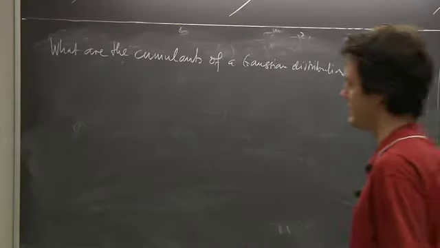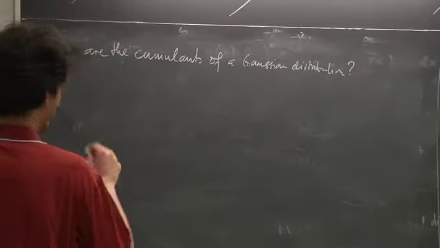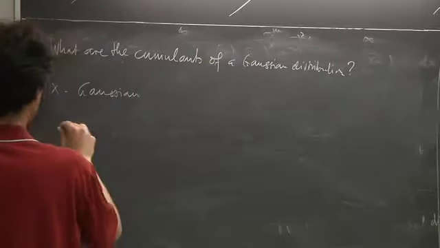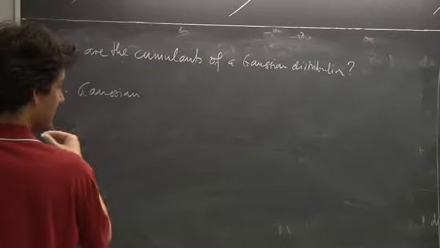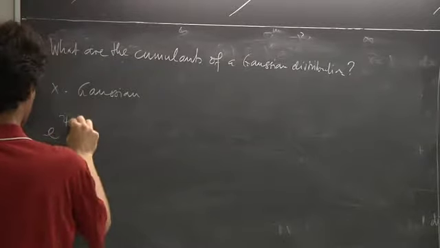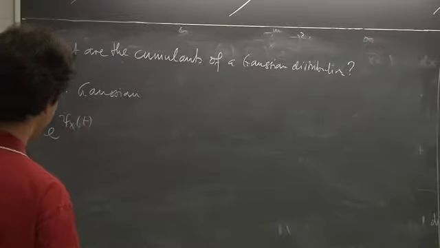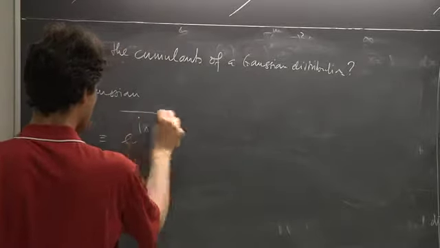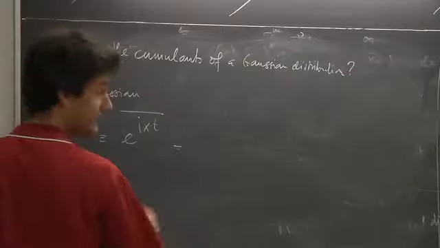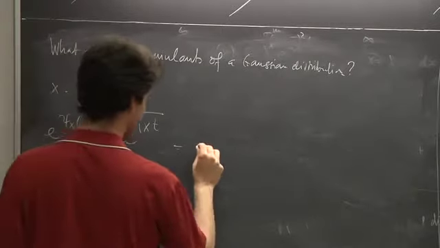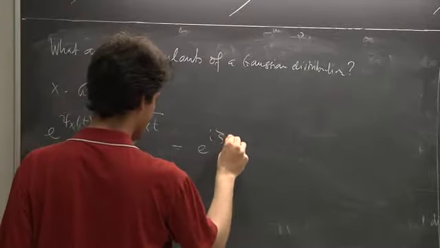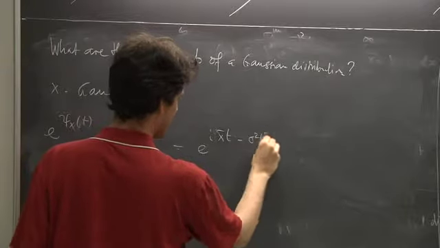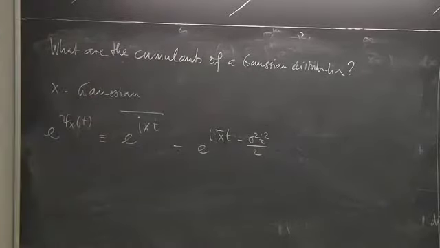So I take a Gaussian x, okay, and now I ask, what is the average of e to the psi x of t, which by definition is the characteristic function. Now you know what that is, right? We wrote it down already twice, now a third time. It's just this exponential, right?